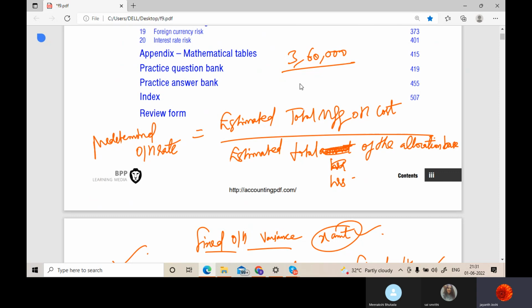So how many hours have we budgeted? 90,000. So what is the predetermined overhead rate? 4. Okay, it is $4 per machine hour. So we estimated 90,000 hours. We estimated this much as the overhead cost. So we got the predetermined overhead rate. Okay. So just make a note of this. We'll put this in the formula.